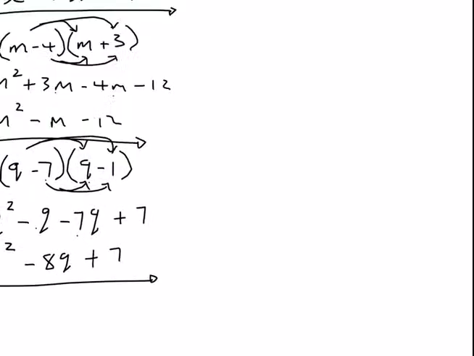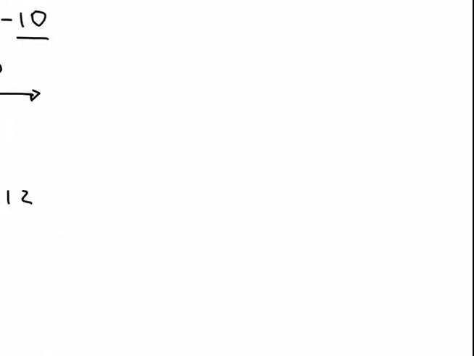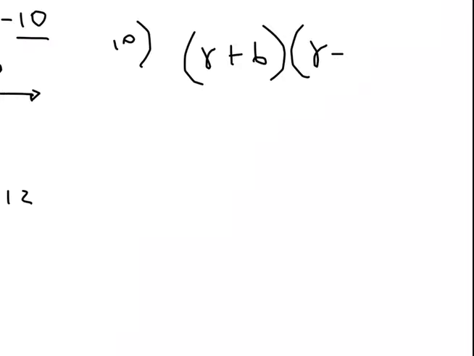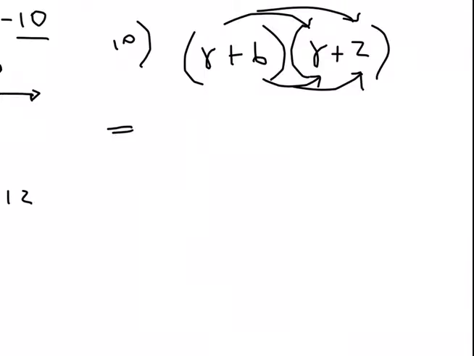Maybe let's look at the last example, example number 10, where let's use the letter r, just so that you can be aware that we can choose any letter from A up to Z, and then let's plus it by 2. Okay, what do you do? Same thing, that by that, that by that, that by that. Definitely your teacher is going to teach you in different ways. They might be talking about the FOIL method and all of that, but at the end of the day, it comes down to that.